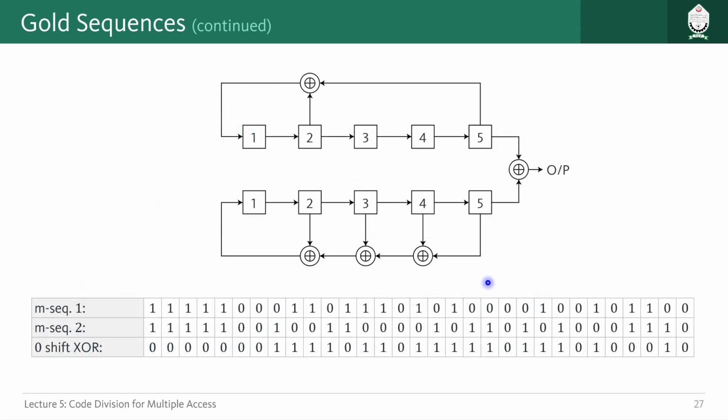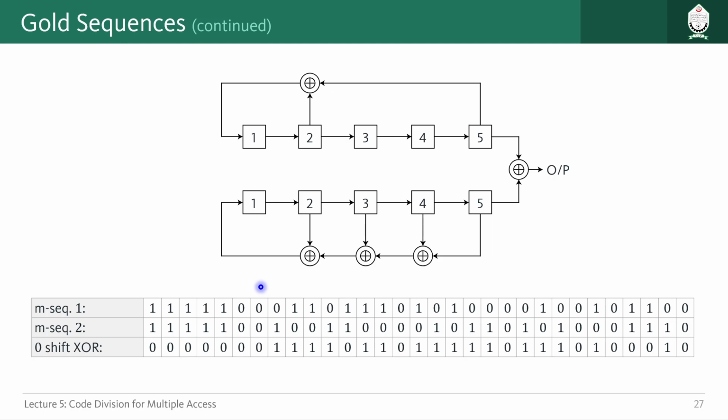Now let us see how they are actually done. We want to generate multiple Gold sequences from this particular circuit, which will be used in the same channel for different users, and all the codes should exhibit a very low correlation with each other. That is the basic outcome we want to get from this, right?